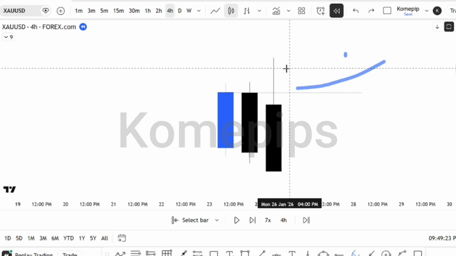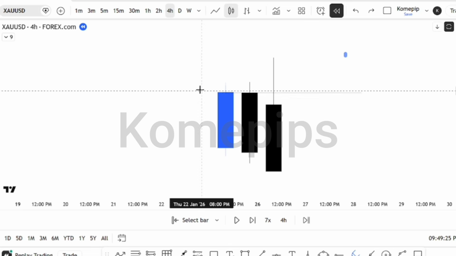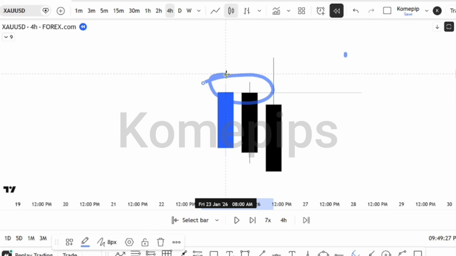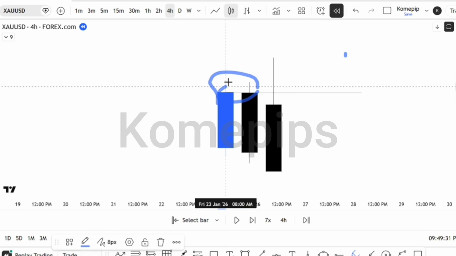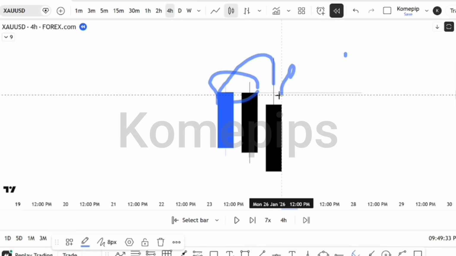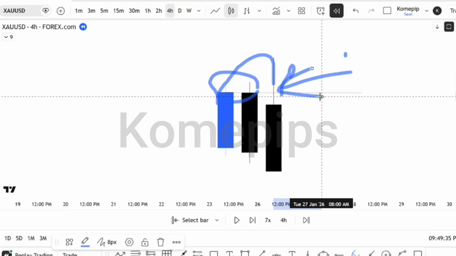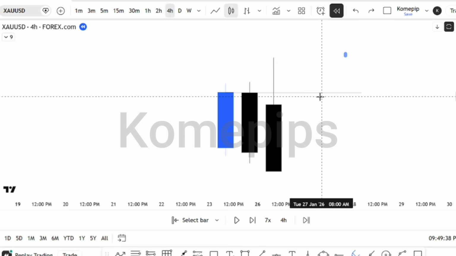What this implies is that liquidity has been taken from these highs. All the liquidity that is here has been transferred to this wick, which implies that this wick becomes stronger. In my subsequent videos, I'm going to teach you how you can use these liquidities to map high quality key levels.